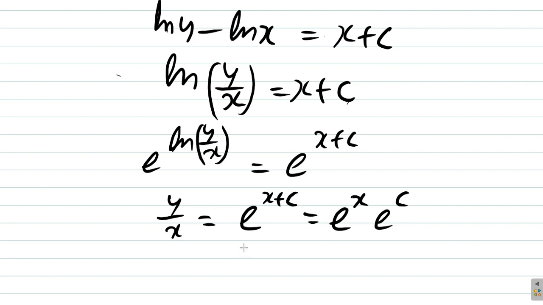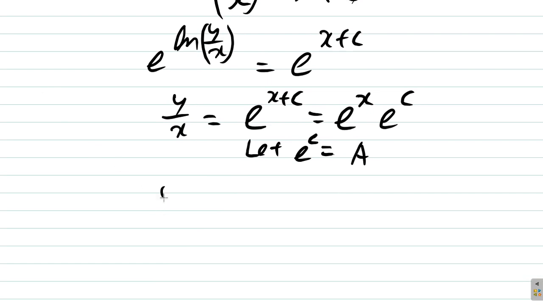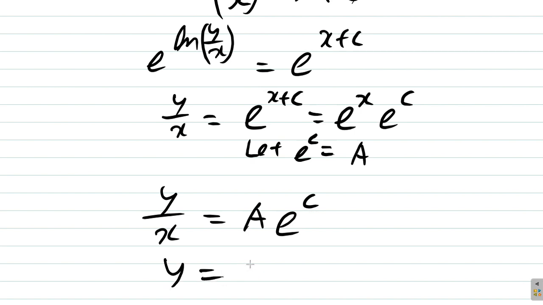So if you say let e to the c equal a, some other constant, you have y over x is equal to a e to the c. So multiplying everything by x now, you can say y is equal to a x e to the c.